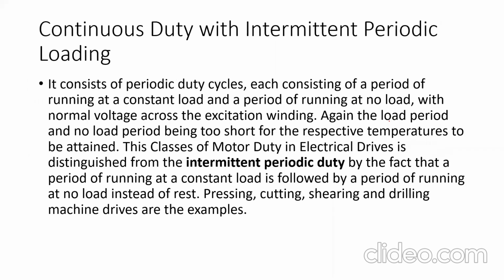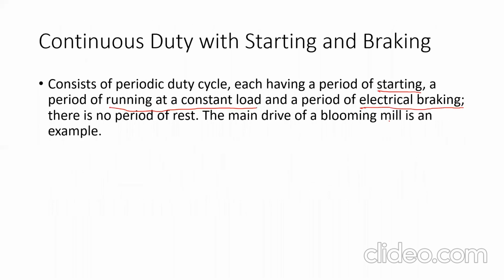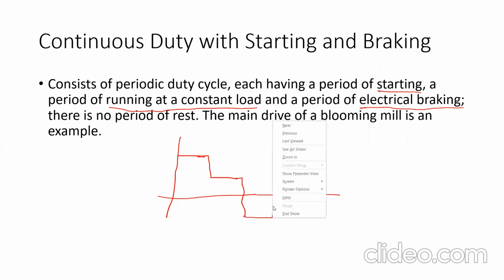So its curve will be like this. Starting with load; when the starting phase is over, running with load is there. After some time it is braked, or electric braking is applied.